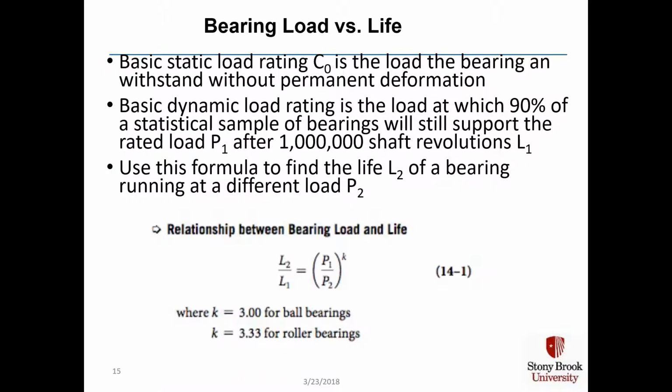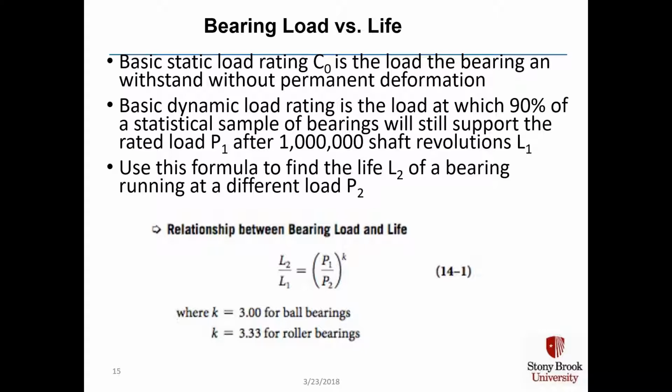We have to calculate a bearing load versus the life. The basic static load rating C sub 0 is the load the bearing can withstand without permanent deformation. And the basic dynamic load rating is the load at which 90% of a sample of bearings will support the rated load P1 after 1,000,000 shaft revolutions, given the term L1.